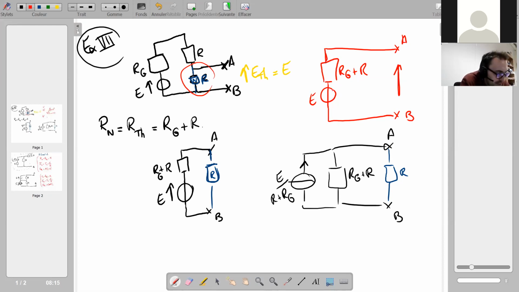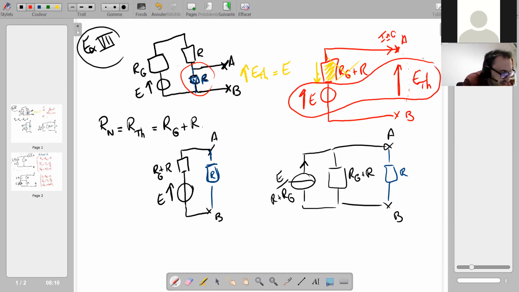The thing is, because there is no link between these two here, there is no current flowing here, which means that the voltage between the terminals of this resistor equals 0. So at the end, ETH here equals only E.